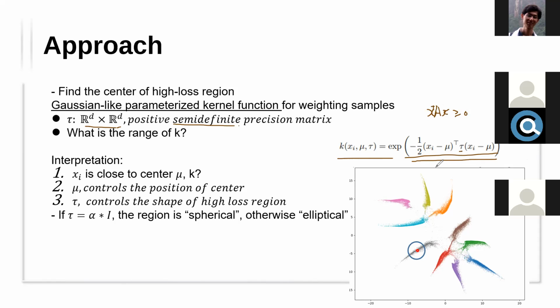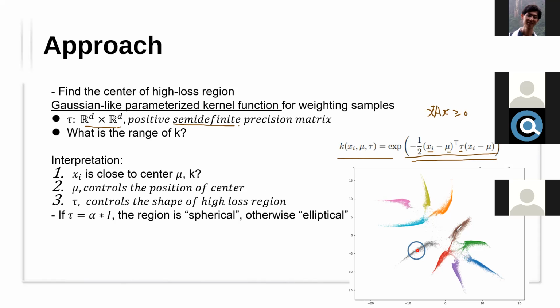So this kernel function measures the similarity between xi and mu, and it is normalized between 0 and 1. If xi is close to the center mu, then k would be close to 1. If xi is away from the center of that region, then the kernel function will return a value close to 0.